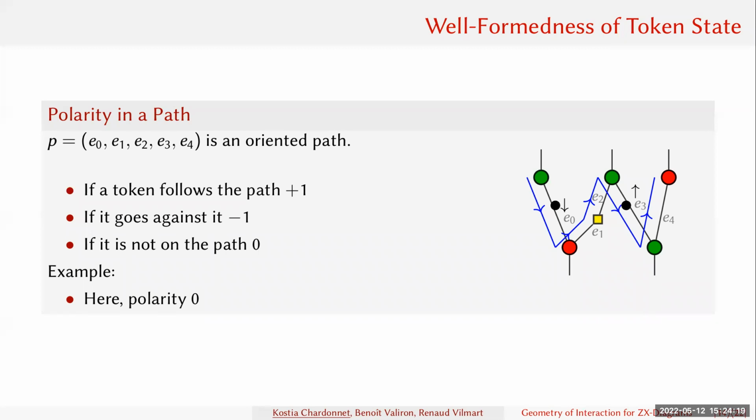The first one in the edge E0 on the left is going down, so it follows the blue path. And the other token, more on the right on the edge E3, is going up, so it's going against the path, so you get -1. In order to take the polarity of the whole path, you do the sum of the polarity of each token. So you get +1 - 1, and so the polarity of this token state is just 0.